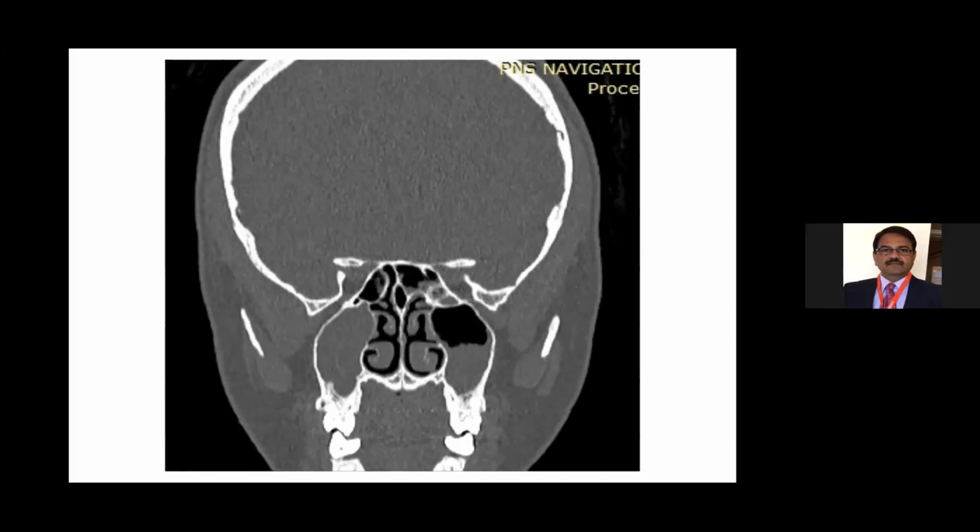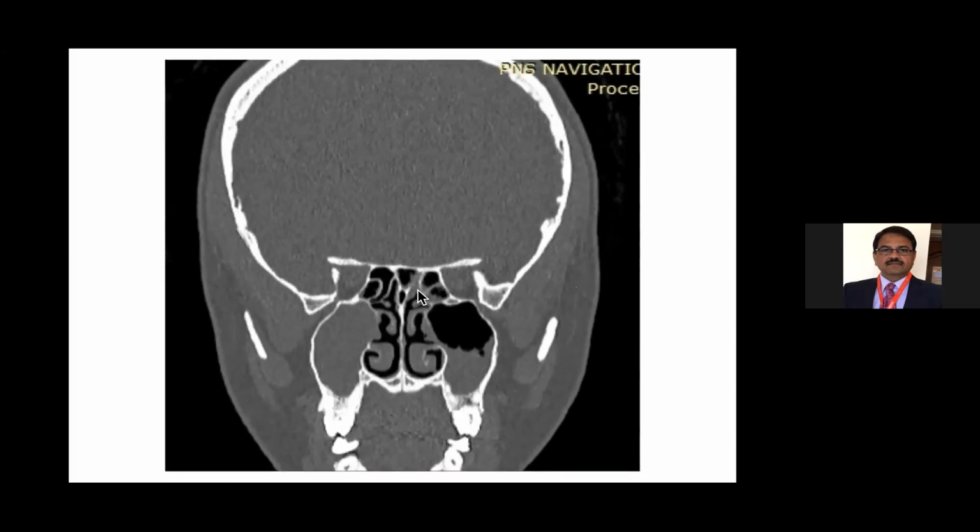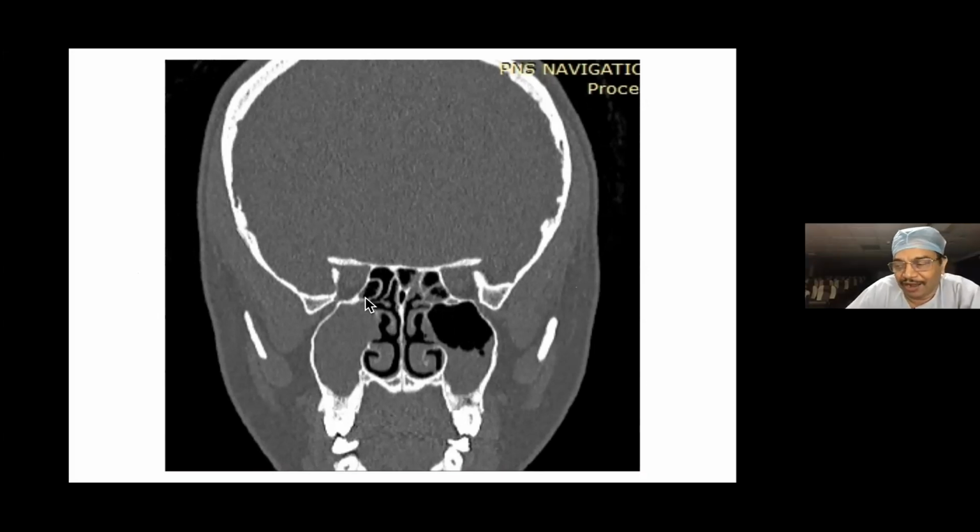So this is the sphenoid sinus, and this is the rostrum of the sphenoid, which is pneumatized. And these are something like Onodi cells, but they're not crossing the anterior wall of the sphenoid sinus. They can't be called Onodi cells because by definition, an Onodi cell is more than 5 millimeters posterior to the anterior wall of the sphenoid sinus.